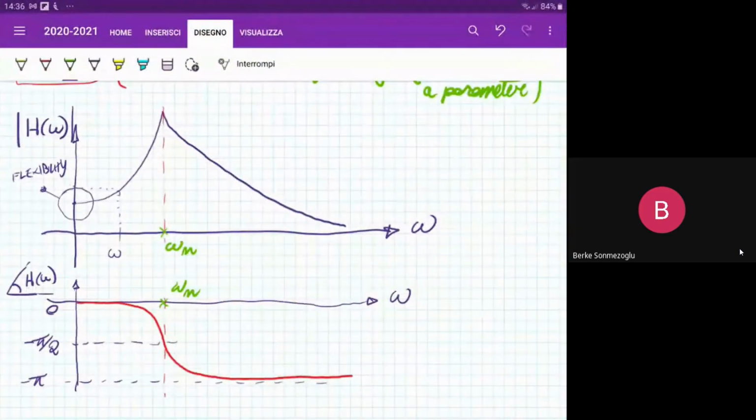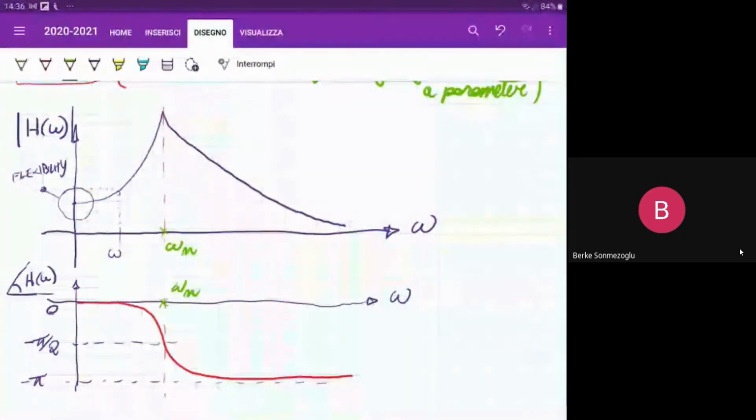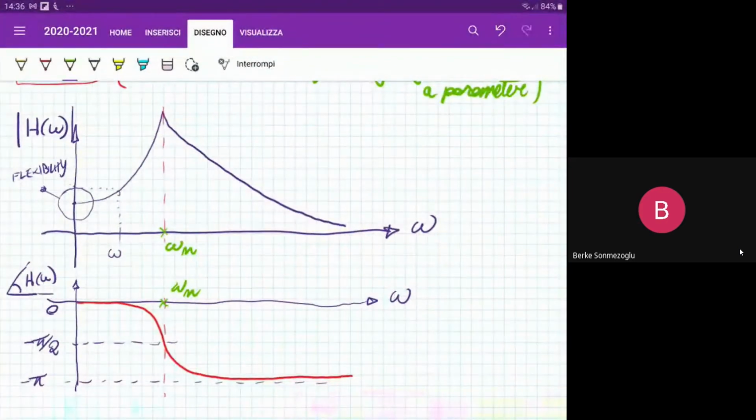And as we are passing this frequency, or in other words, as the frequency of the unitary input excitation is higher than the natural frequency of the system, then the response is getting lower and lower, until when we are exciting the system with very large frequency, the inertia makes the system not so responsive to the input excitation.